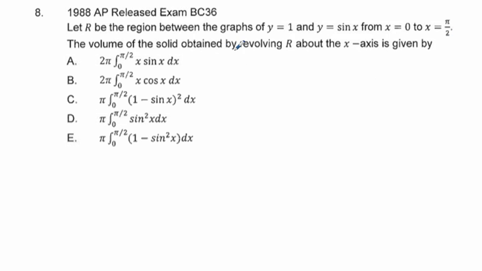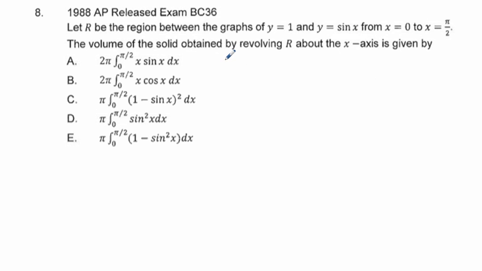The volume of the solid obtained by revolving R about the x-axis is given, and so what we have here is when you have two functions, you have the y equals 1 and then the sine x, and you're going to have a washer method.